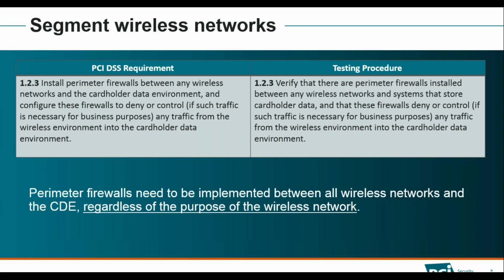If you have it for the CDE, still it is required. If you don't have it within the CDE, still it is required. So if you have wireless within the enterprise, even though it is not within the cardholder data environment, the firewall has to be there to show that the segmentation has been done. If not, you are defaulting on a very important PCI requirement.